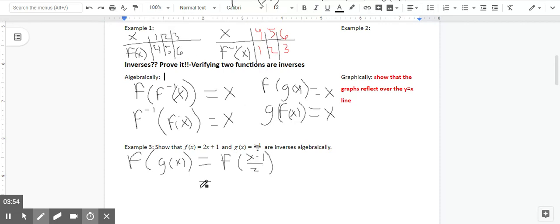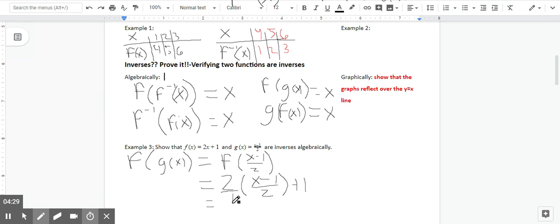So we're going to take f, 2x plus 1, because we have an f here. Instead of filling in an x next to the 2, we're going to fill this in. So we're going to replace x with this, 2 times x minus 1 over 2, plus 1. So instead of writing 2x plus 1, I replace x with g of x.